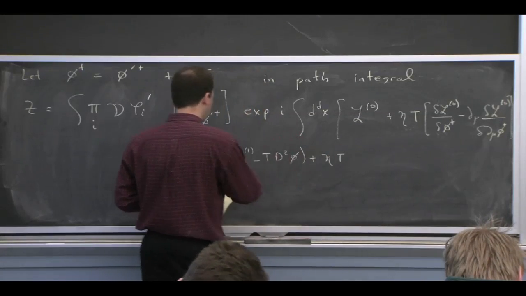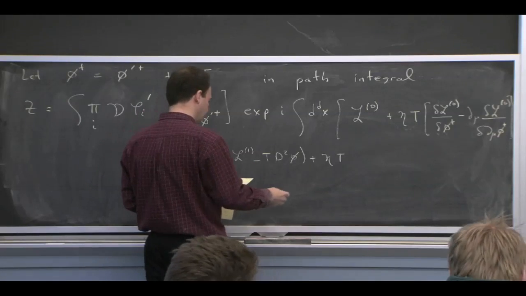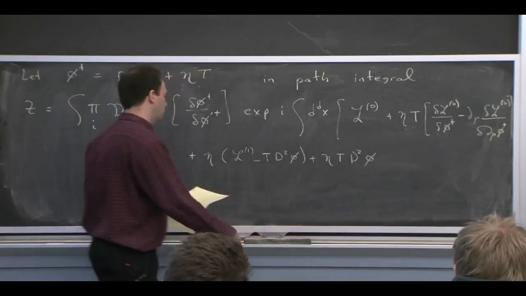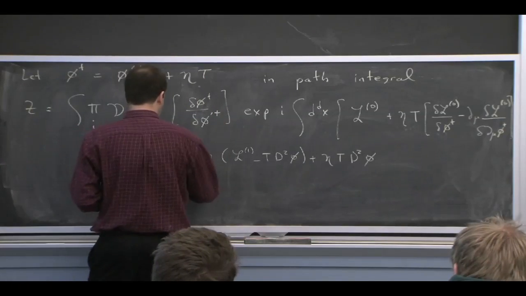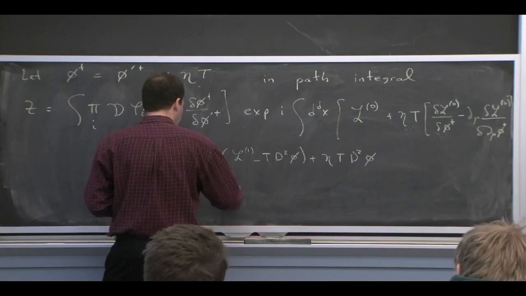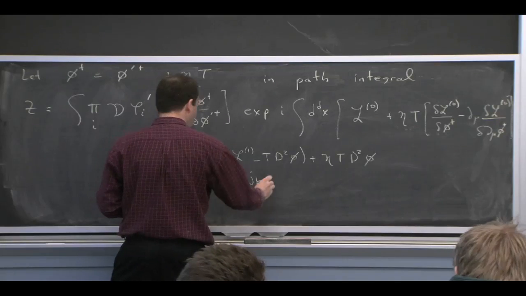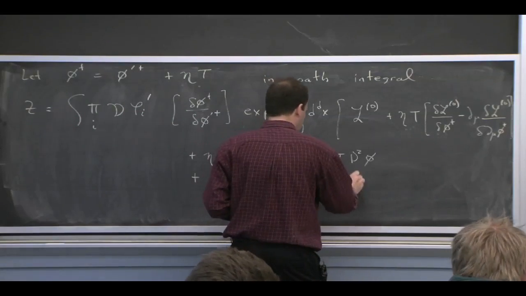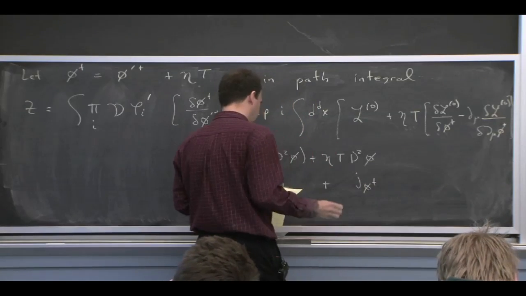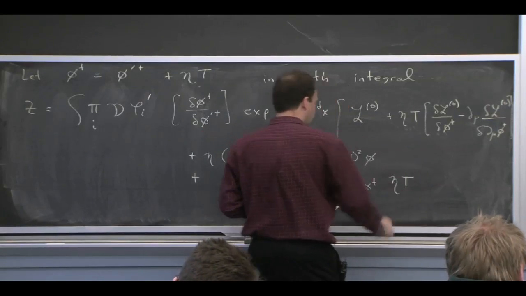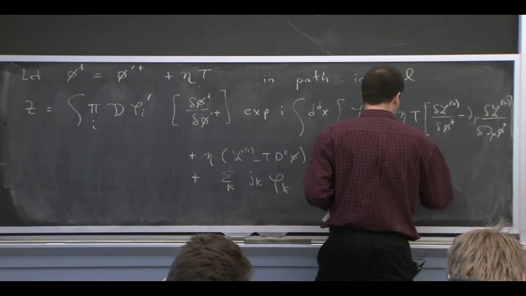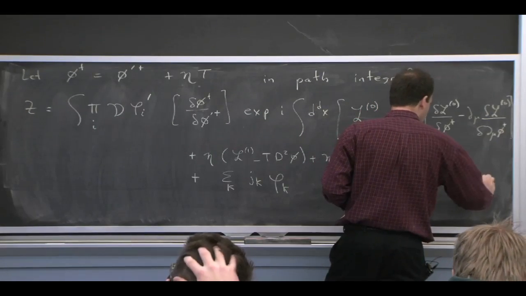So any time that we had an eta, which is these terms here, then we would induce something order eta squared, and we're dropping those terms, so that's not something we have to worry about. And then there's the source, and one of the sources is for phi dagger. So for that particular source, j phi dagger, we induce a term that's j phi dagger eta t, plus order eta squared.